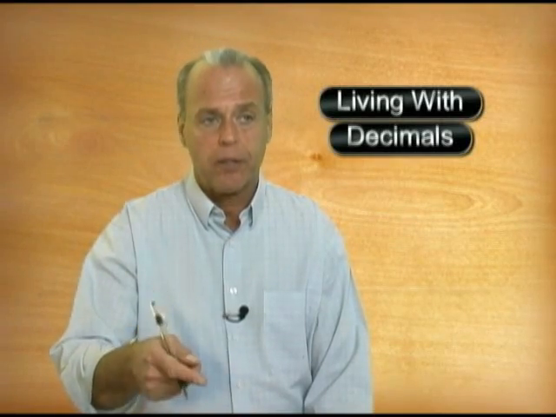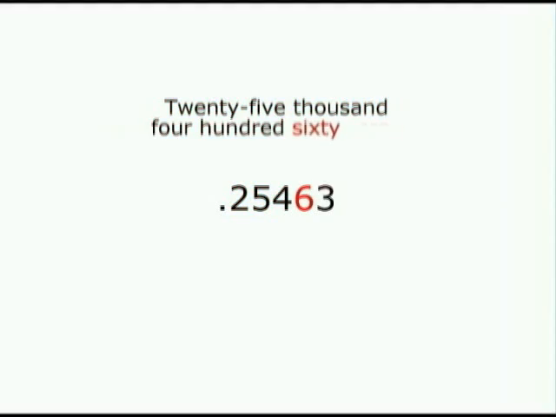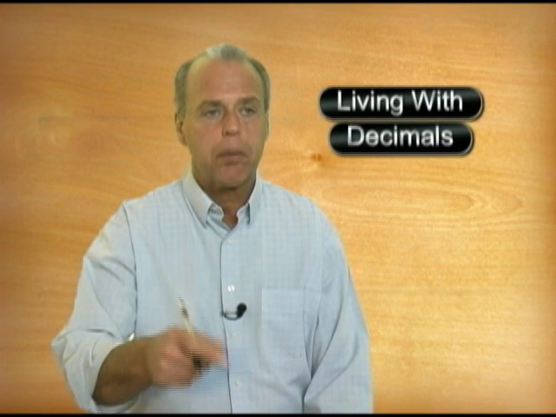Now how would you read the number itself, Irving? You mean the 25463? Yes, read it just as you would a regular number, ignoring the decimal point for a moment. Okay, 25,463. Now you speak the place value to identify it as a decimal number.